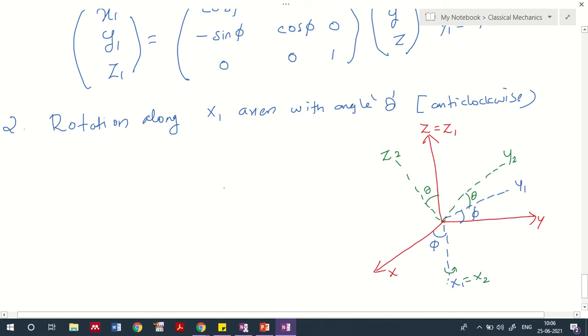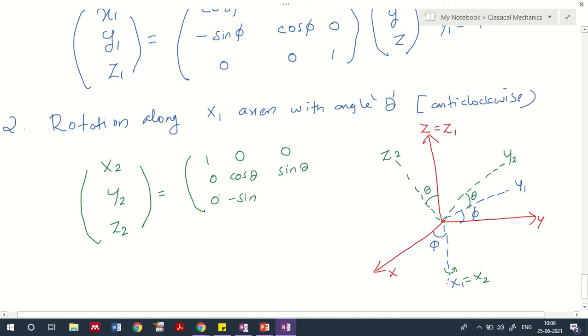For this case, we'll also get a second matrix, that is x2, y2, z2 will be given like this: 1 0 0, and 0 cos theta, sin theta, and next 0 minus sin theta, cos theta.